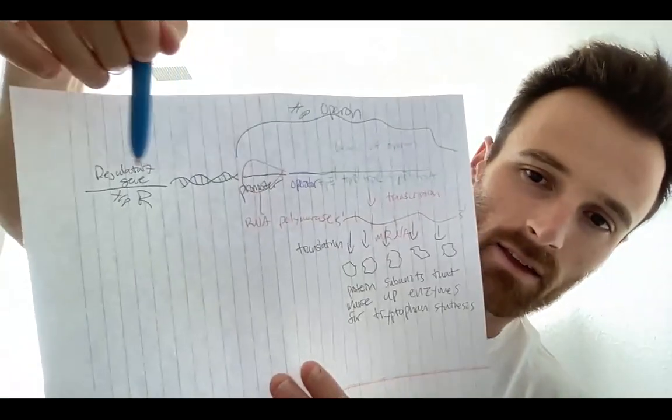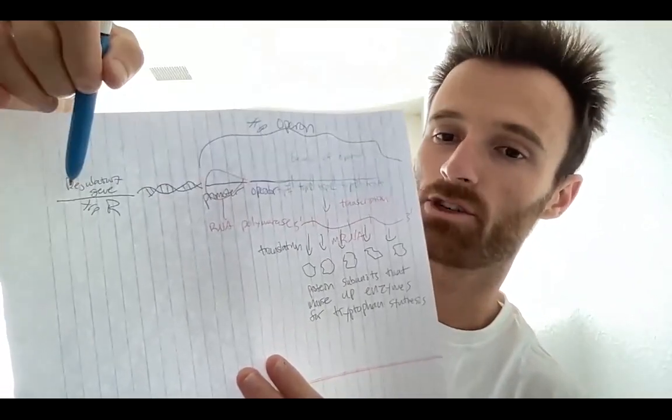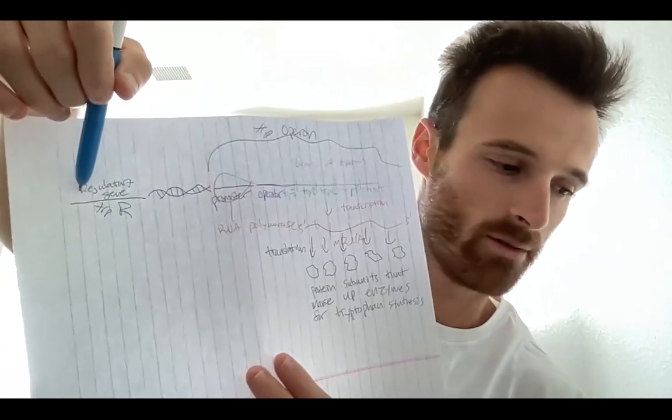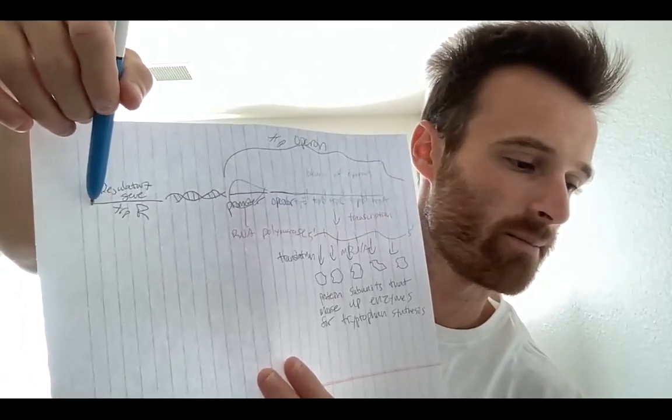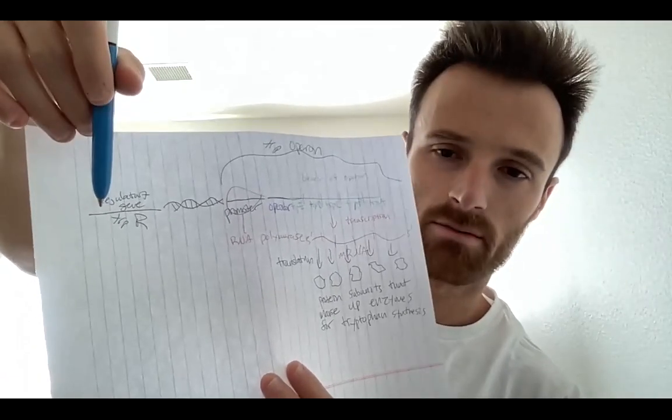So let's draw the regulatory gene. Again, it's far away, and it'll look like this. Let's do it in black. The regulatory gene, trpR, so that signifies that it's further upstream in this DNA molecule. So our regulatory gene, trpR, has its own promoter.